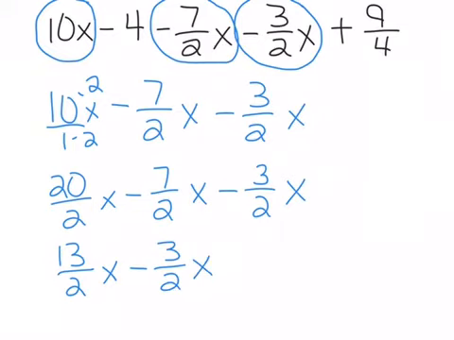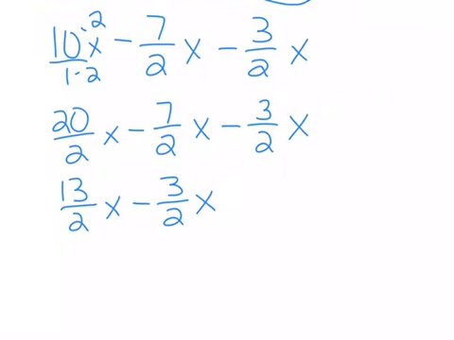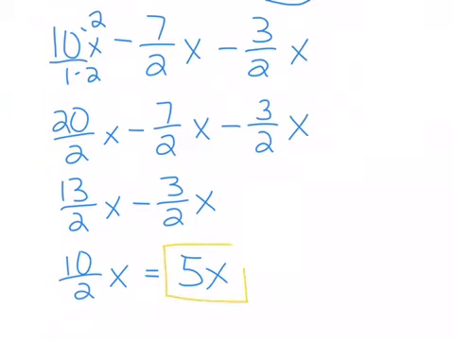And then if I combine those two together, I end up with 10 over 2x, which does also equal 5x. So that is the thing that we're going to include below our expression above.